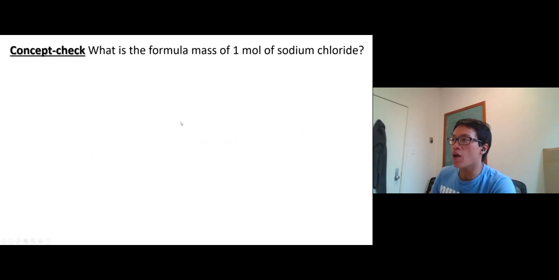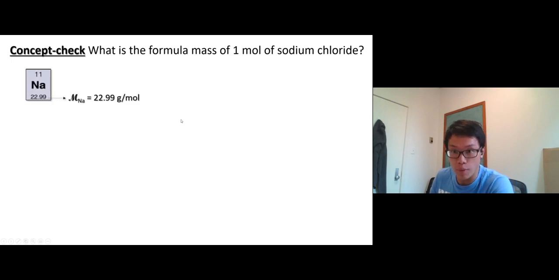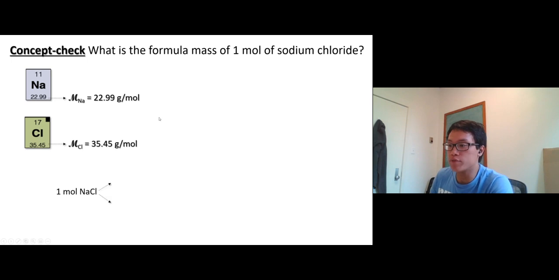All right, concept check. What is the formula mass of 1 mole of sodium chloride? Well, 1 mole of sodium chloride consists of 1 mole of sodium, which is that weight, and 1 mole of chlorine, which is that weight, according to the periodic table.